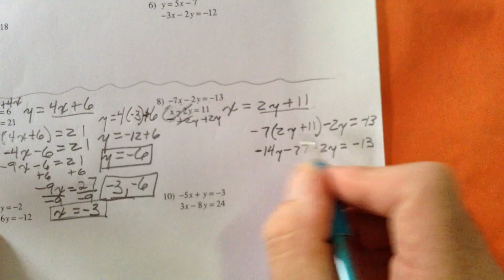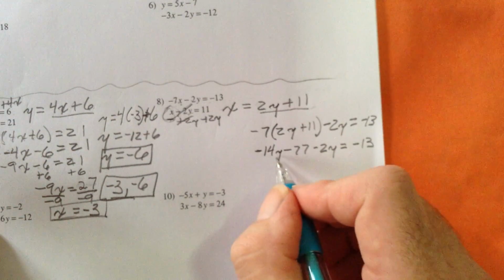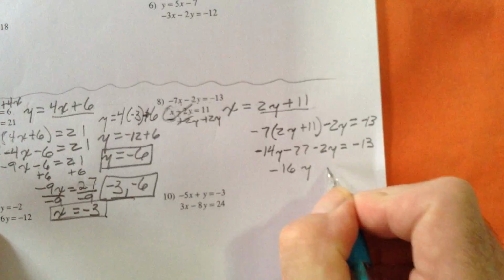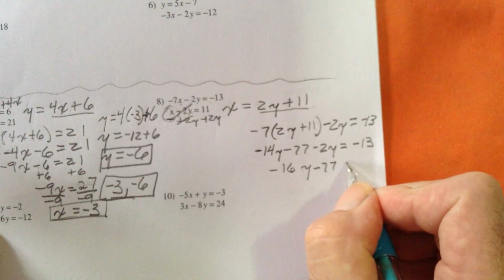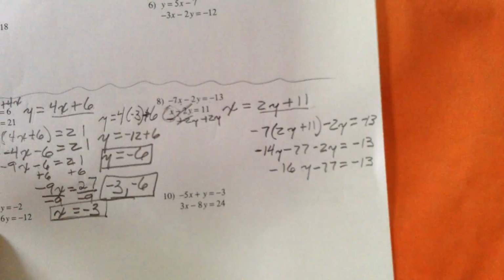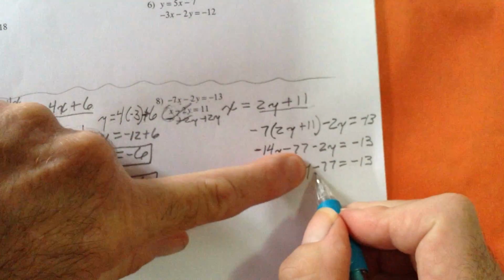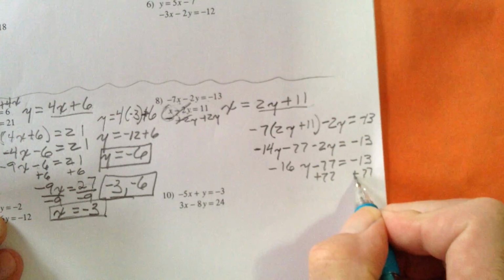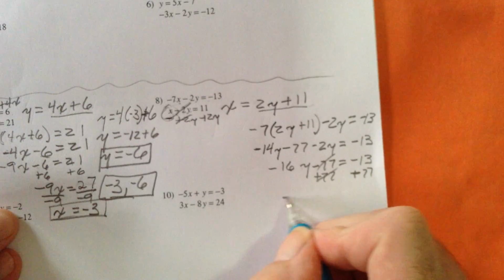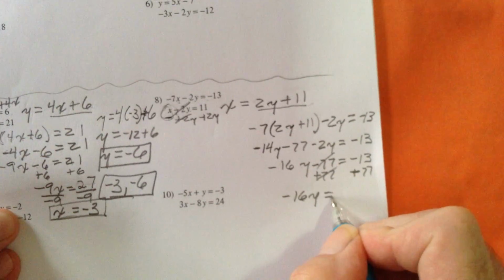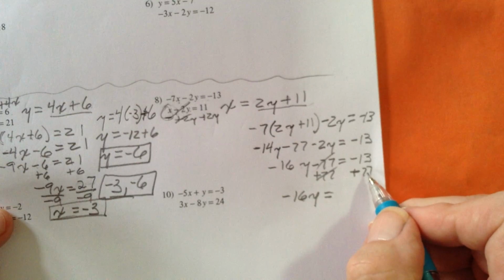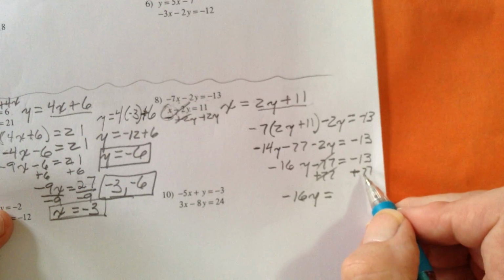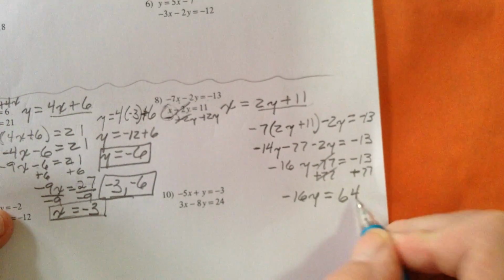Now I can add the y's together: negative 14y minus 2y gives me negative 16y minus 77 equals negative 13. Now I can isolate the y. I take the negative 77 and do a positive 77. So that cancels. Negative 16y equals, that'll be 64.